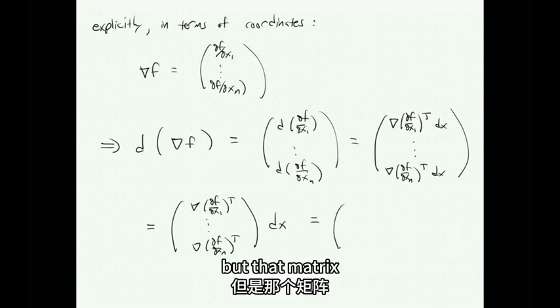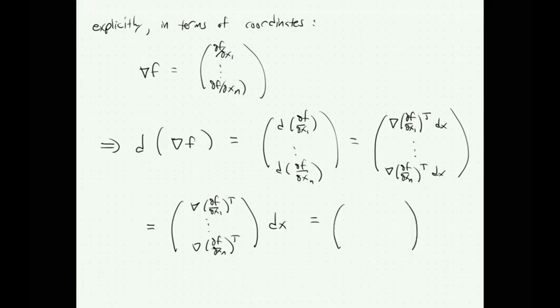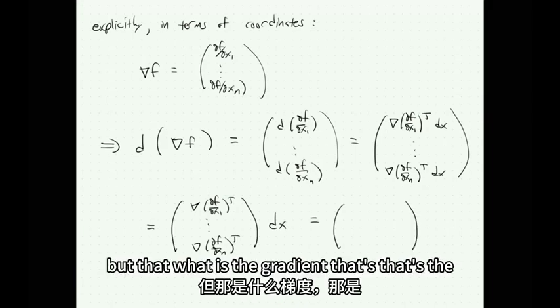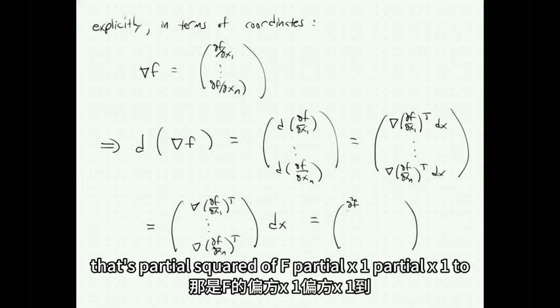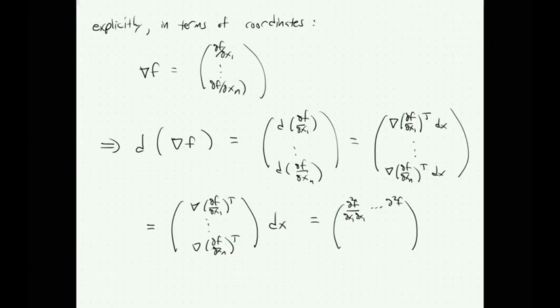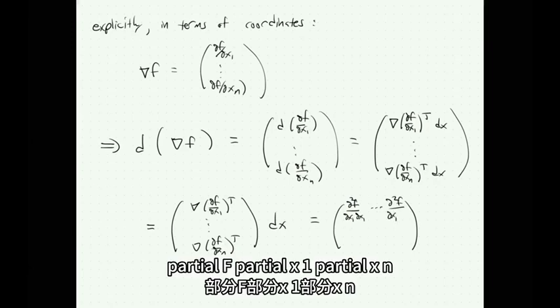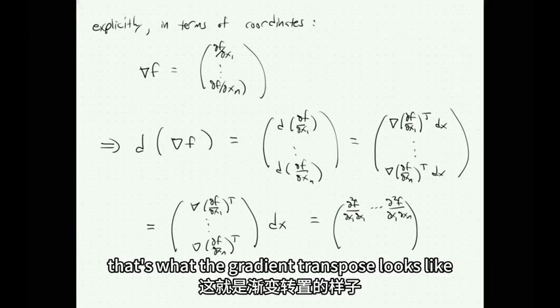But that matrix, what is it? That's partial squared f, partial x1 to partial f, partial x1, partial xn. That's what the gradient transpose looks like.